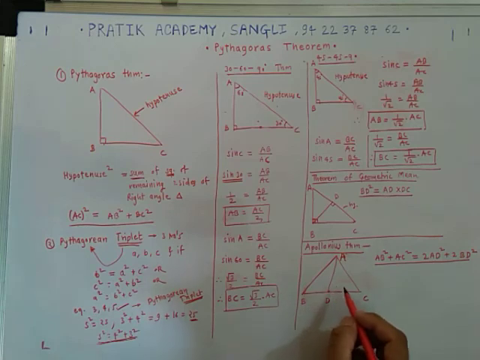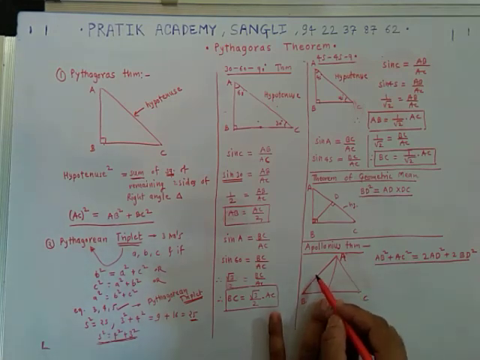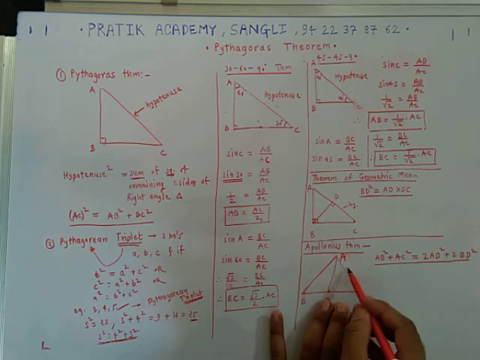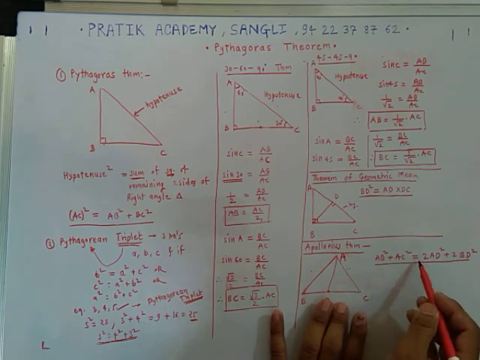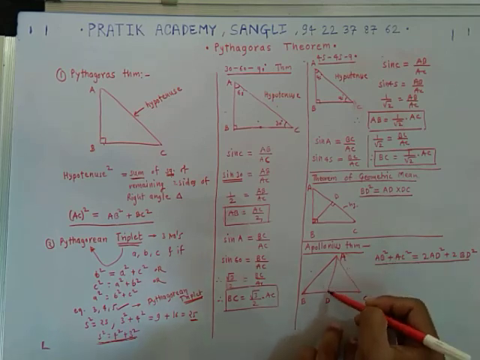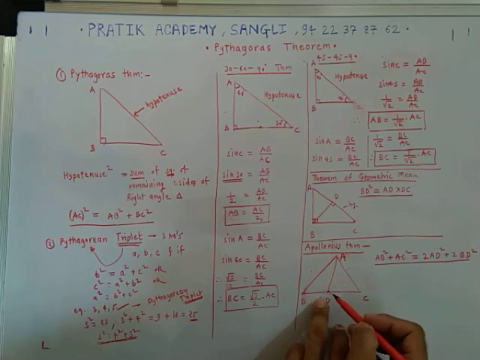Okay, that means here the center point is taken off, the center point is D, this is the midpoint of side BC, so skip side BC and take the sum of squares of the remaining two sides, AC square plus AB square. Then this sum is equal to 2 times the median square, that is AD square, plus 2 times BD square.